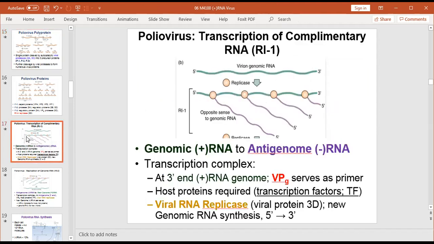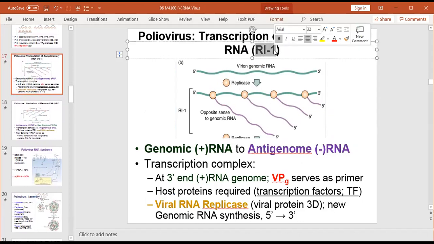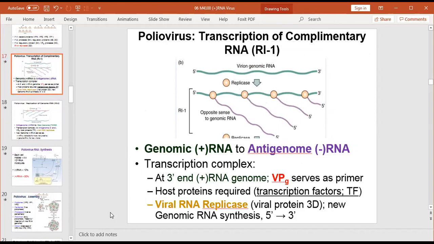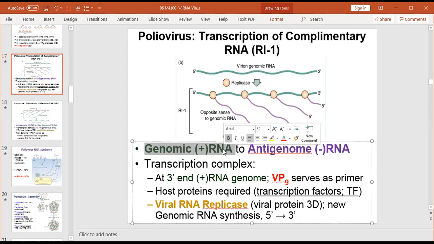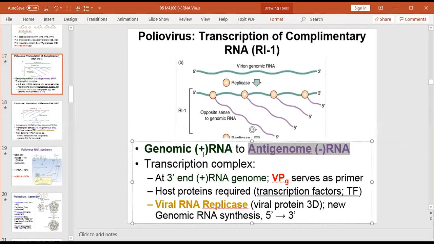So, slide number 17 talks about poliovirus transcription of complementary RNA. Remember, we said that it happens in two phases: replicative intermediate 1, or RI1, and RI2. During RI1, we have a genome that is positive RNA. This genomic positive RNA will be transcribed to the anti-genome, or negative RNA strand. We need to make a complementary strand.